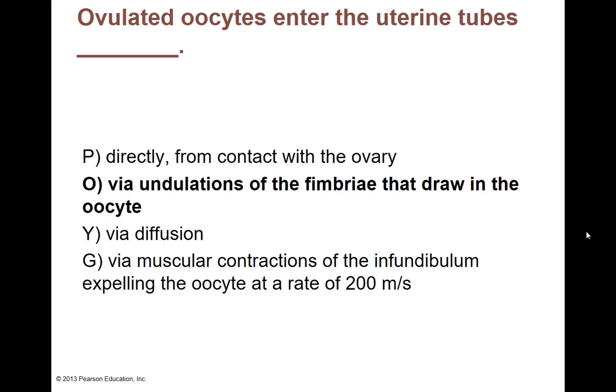There you go. Via undulations of the fimbriae that draw in that egg cell. Again, they're going to try to create that current since they're not attached, to hopefully catch the egg.